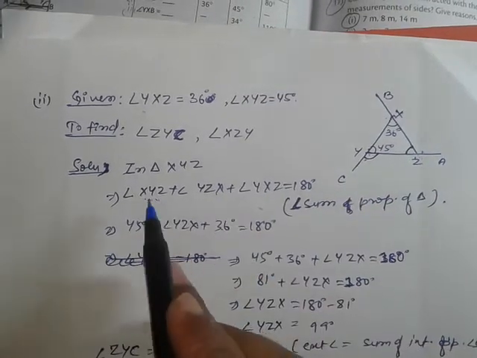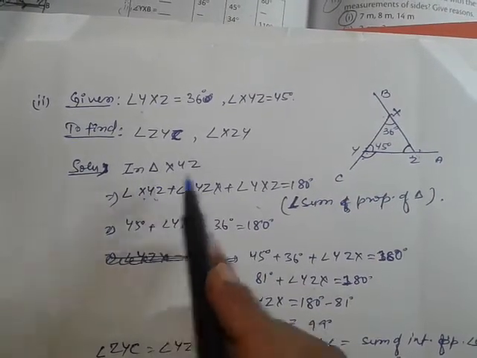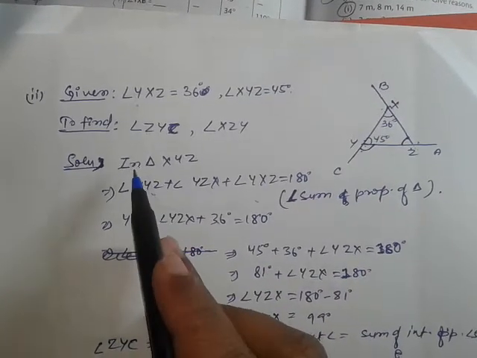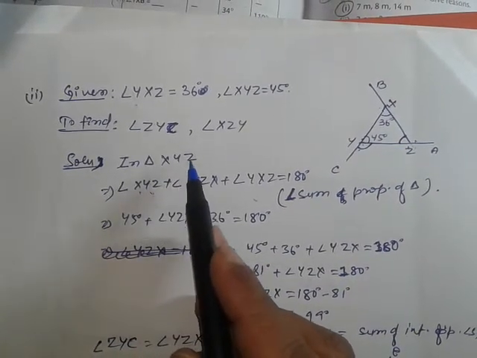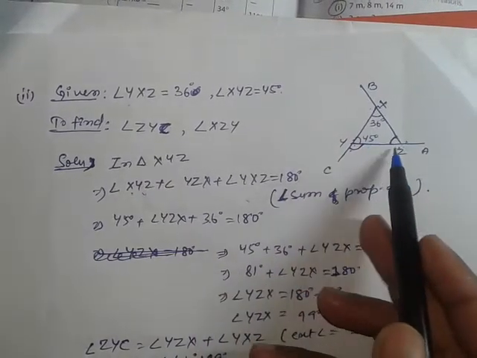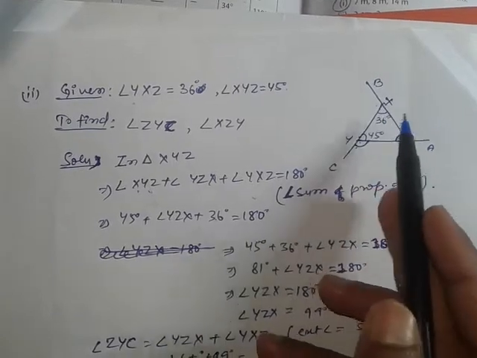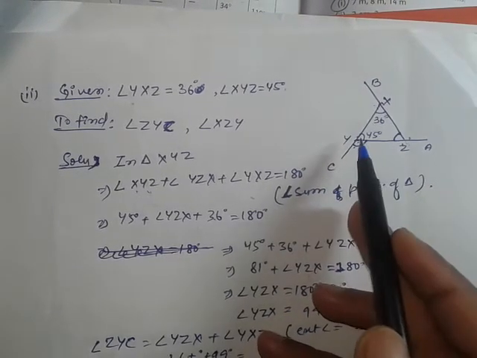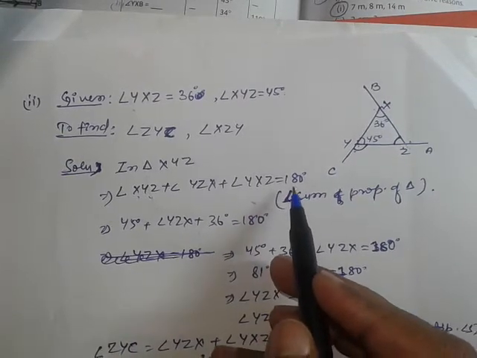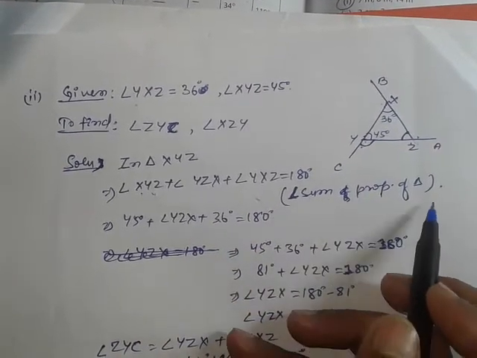Okay, so how I solved: first I found this one and then we add these two. In triangle XYZ, angle XYZ, angle YZX, and angle ZXY, or YXZ, the sum is 180 degrees. How? Angle sum property of a triangle.